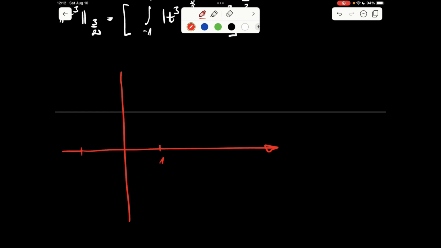So this is the basic function, and this is its absolute value.